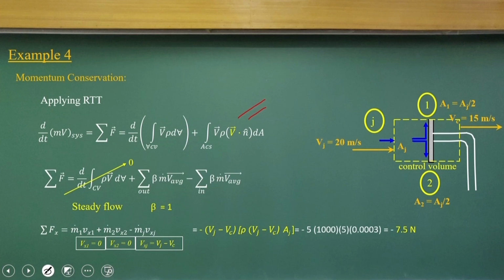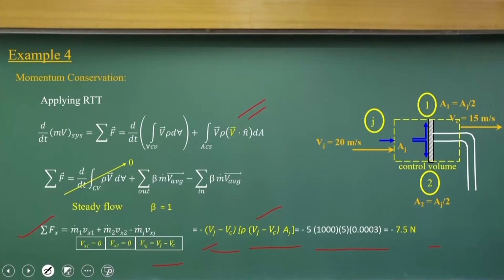You can see how the relative velocity components are used for the mass flux and the momentum flux, and these are substituted to get the force component. The problem is similar in nature, only we compute the relative velocity Vx, which is Vj minus Vc: Vj is the velocity of the jet and Vc is the velocity of the platform, in the x direction.